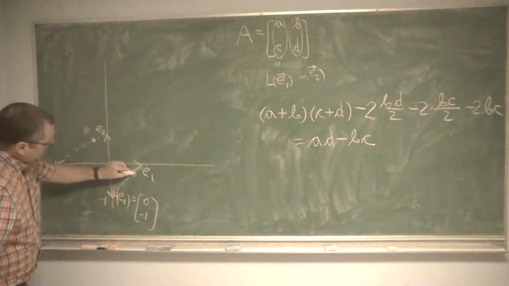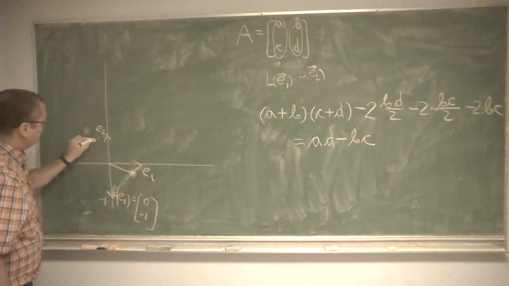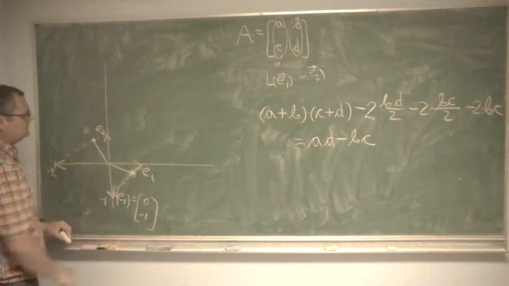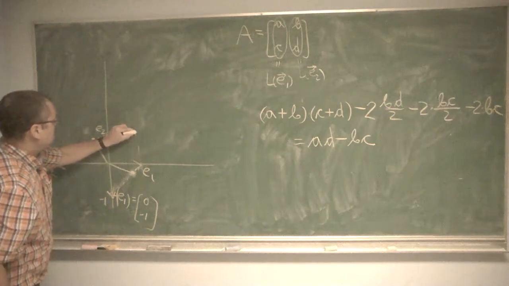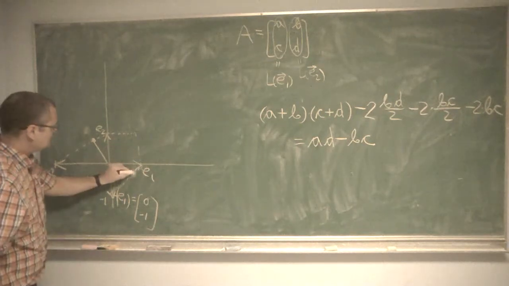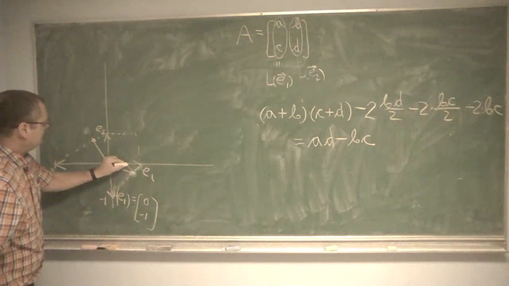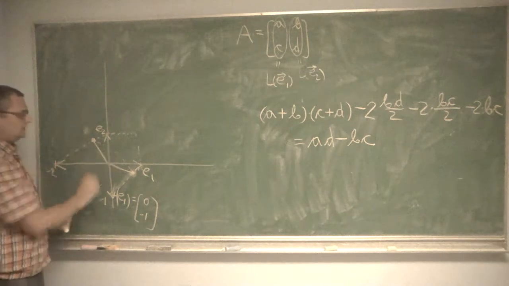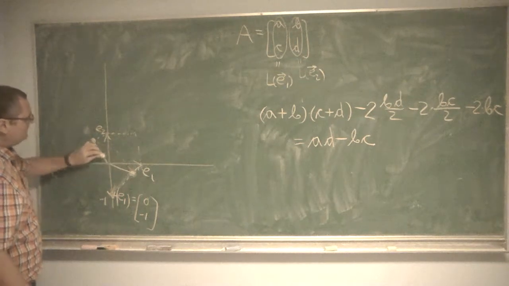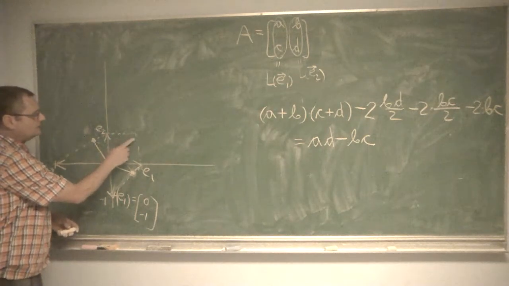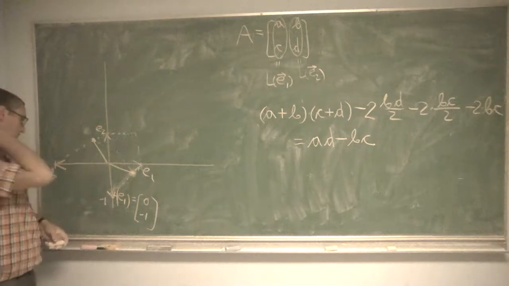And what you get is some kind of intermediate deformation where E1 is mapped here and E2 is mapped here. Now this unit square gets deformed under this intermediate transformation to this parallelogram. And the area of this parallelogram is of course going to be positive, but it's smaller than unit area, okay?